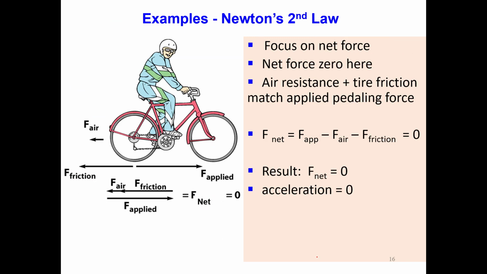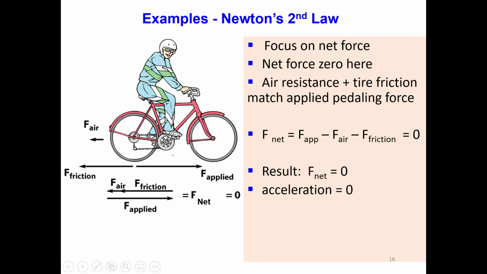Here we have one more example. Remember, we said if the forces are anti-parallel, we can calculate the net force just if we subtract the smaller force from the larger force.